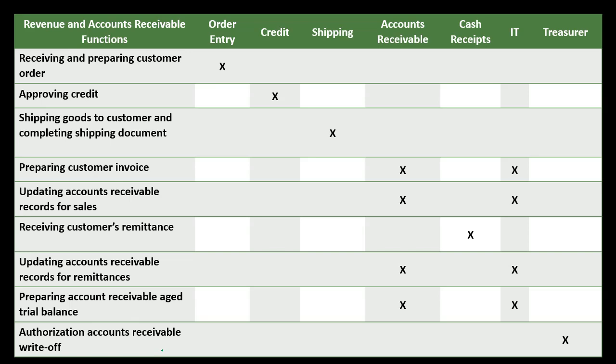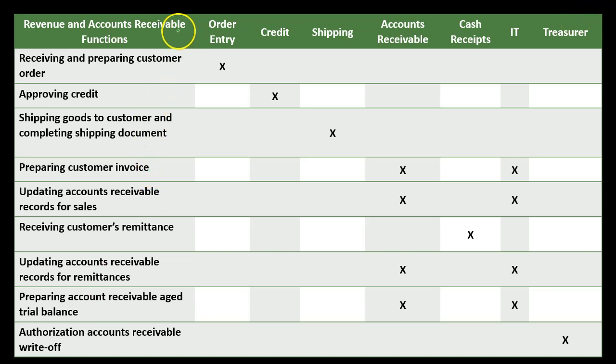Meaning when we determine that accounts receivable is going to be bad debt, we're going to write it off to bad debt. Again, that's another area that we want to be concerned about. Make sure that we have a separation of duty, because we can imagine a situation where that could be a problem or a place where fraud could take place. And that's going to be done separately by authorization by the treasurer.